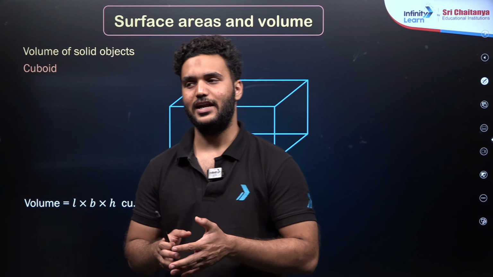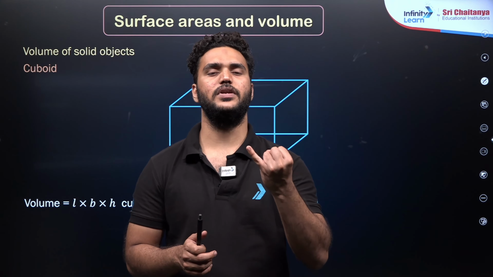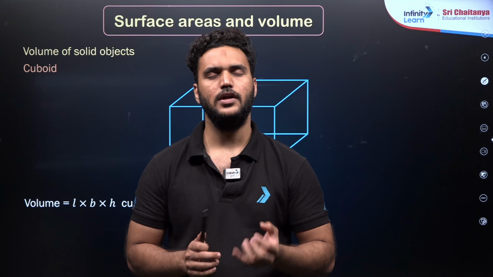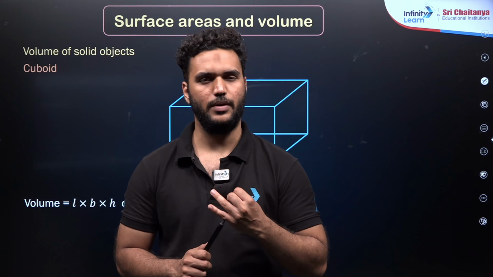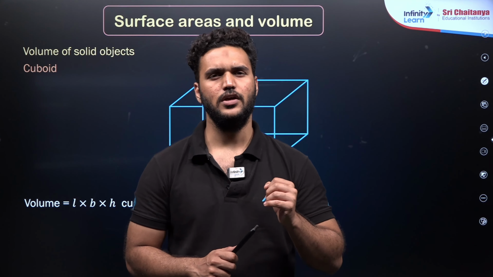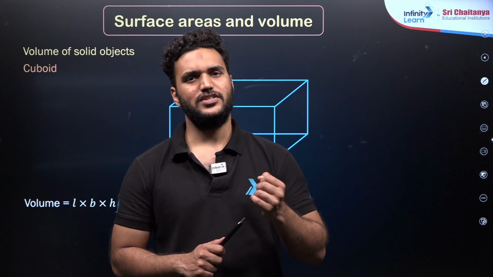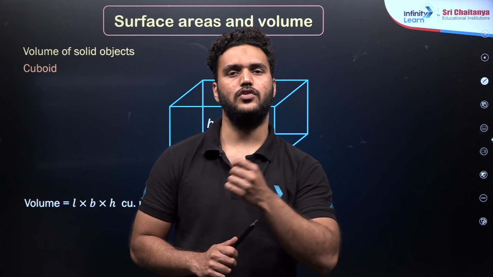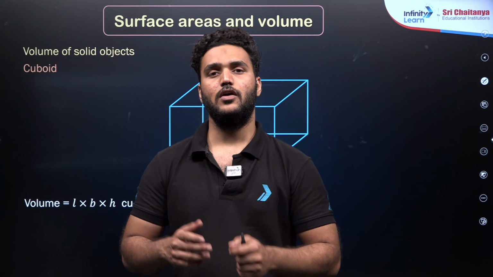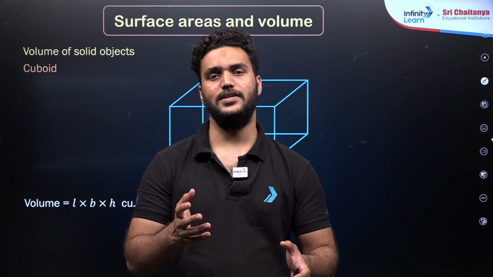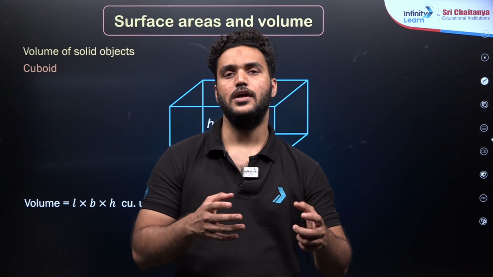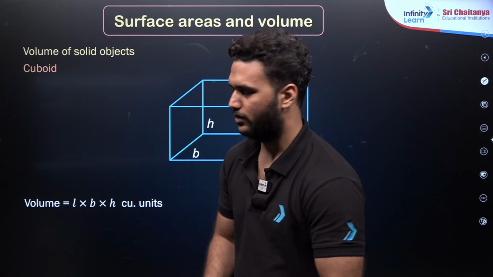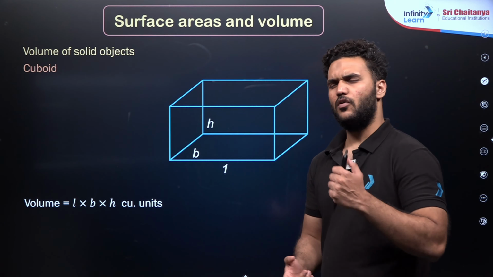It can change with temperature and pressure, but we are talking about atmospheric pressure and room temperature, which is around 37 degrees. So at this temperature and pressure, 1 liter of water is equal to 1 kg. So the space covered by 1 kg of water is equal to 1 liter. That's how we can explain the volume.